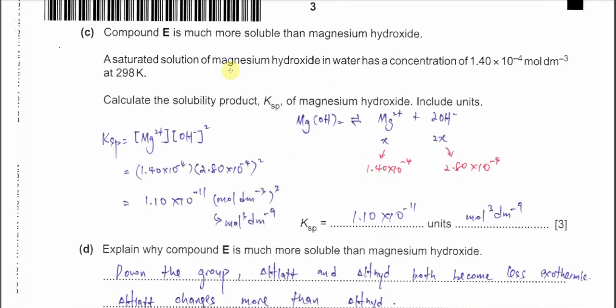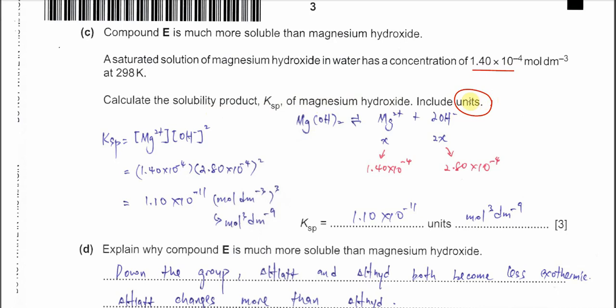Part C. Compound E is much more soluble than magnesium hydroxide. A saturated solution of magnesium hydroxide in water has a concentration of 1.4 times 10 to the negative 4. Calculate the solubility product, Ksp, of magnesium hydroxide, including units.